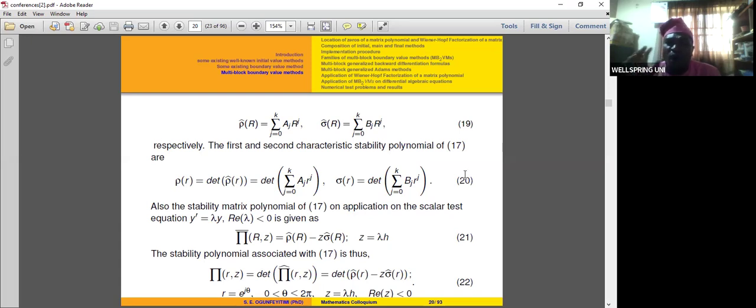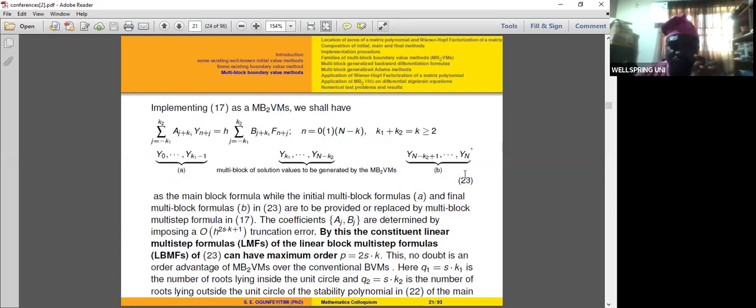Then the stability for the method as a whole, when you apply it on a scalar test equation, you have equation 22, where some conditions are given below, where Z equals lambda H and the real part of Z must be less than 0.